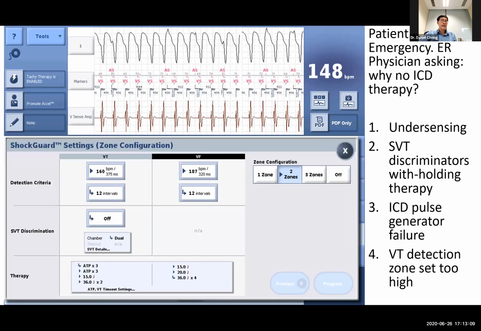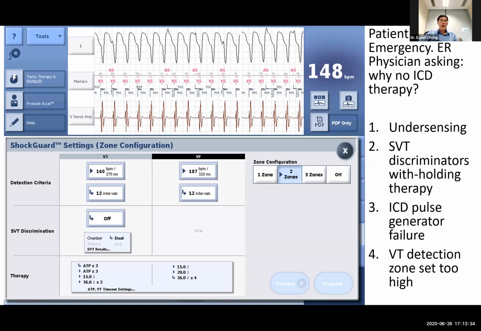Okay, very good. Next question, also quite straightforward, I hope. A patient presented to the emergency room in ventricular tachycardia, because the emergency doctor did a 12-lead ECG and it shows VT. The emergency doctor noted that the patient has an ICD.